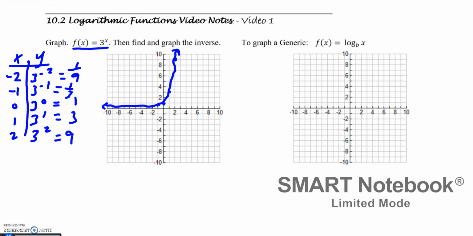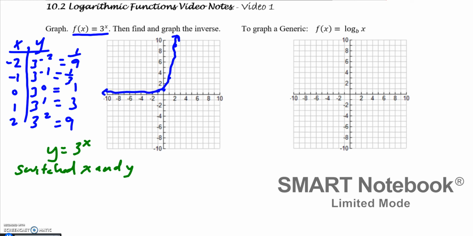And so if we recall from first semester, if we would like to find the inverse of this function, what we did was we replaced f of x with y equals 3 to the x. We then switched x and y, because the definition of an inverse is that x and y trade places, and then you solve for y.